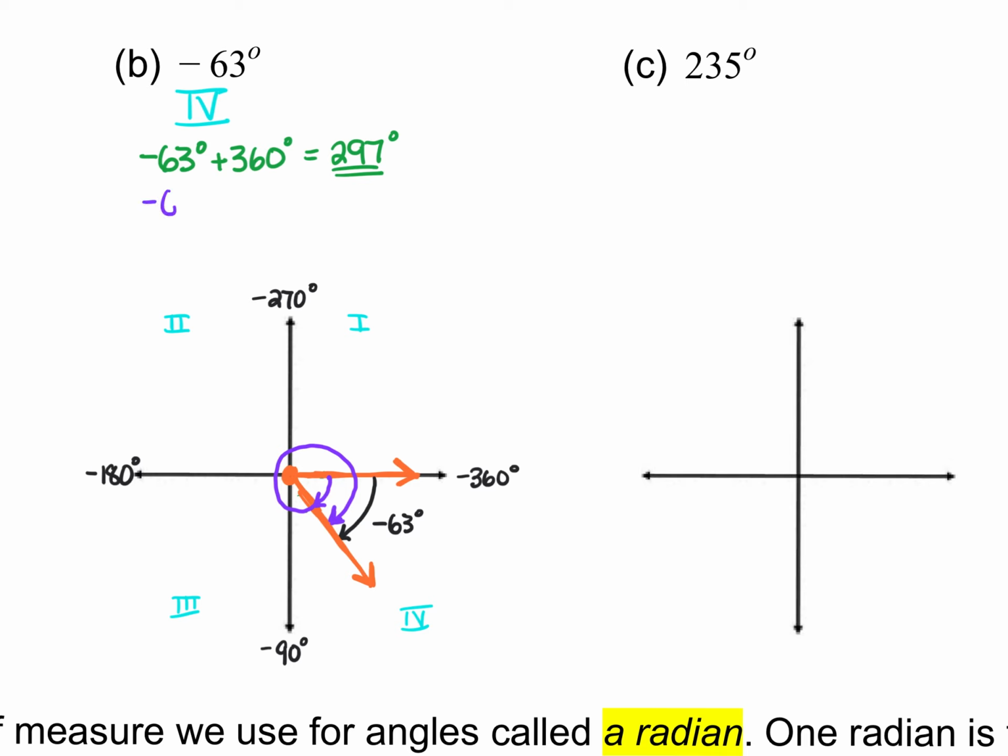Negative 63 degrees was what I started with. Since I'm rotating further in a negative direction, I subtract 360 degrees, and that gives me negative 423 degrees. Okay, so I want you to pause the video here and try the next two on your own and come back and check your answers.